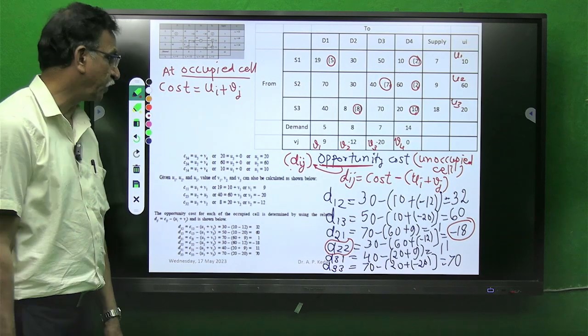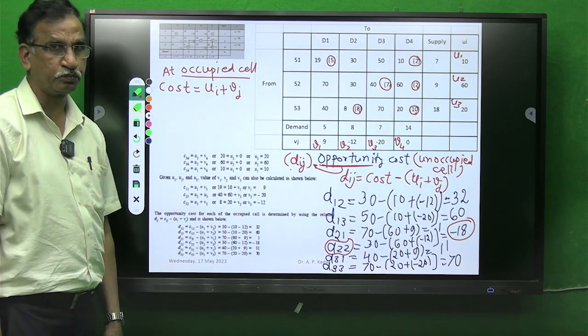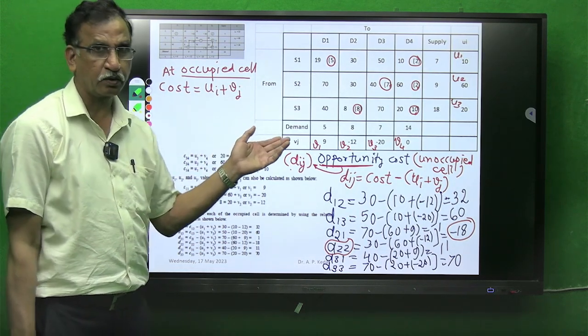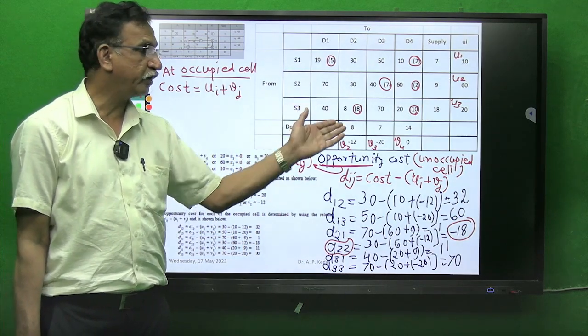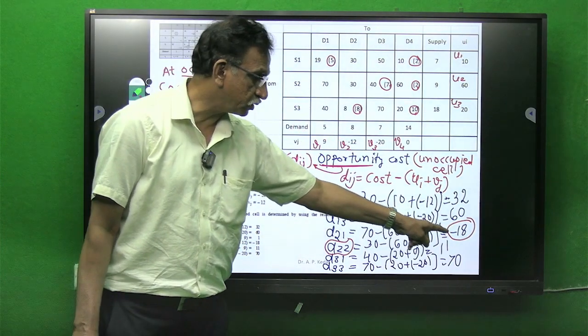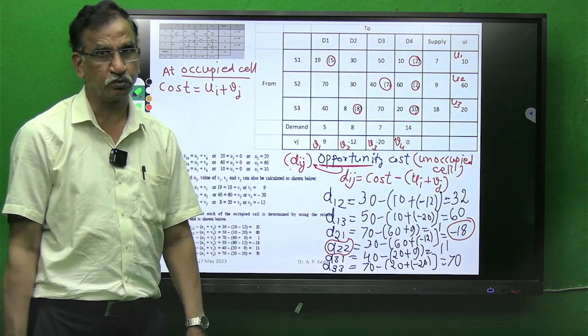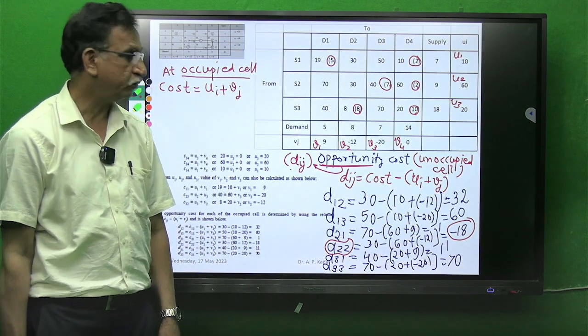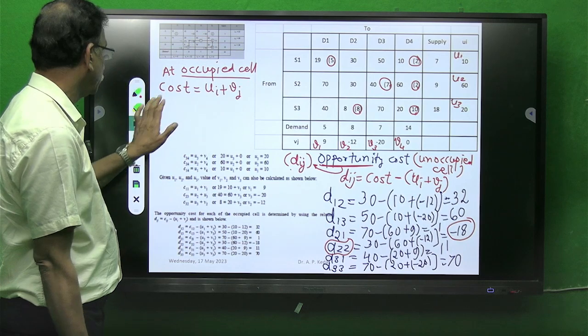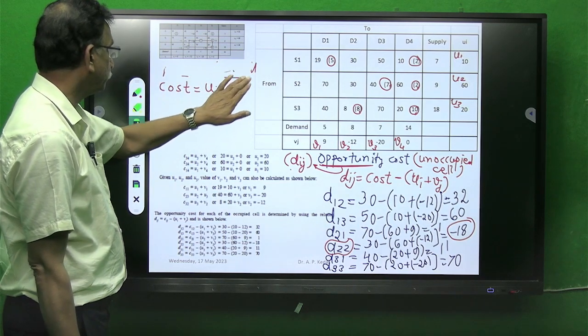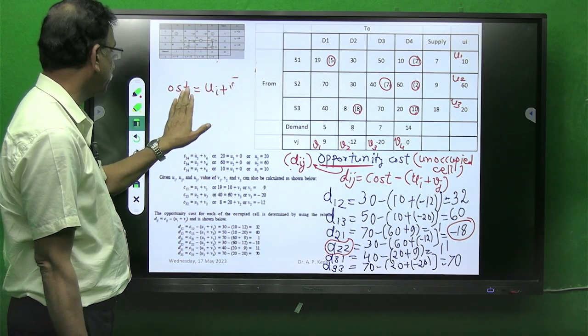So we have to find closed loop of previous allocations with this minus value opportunity cost. How to do that I will explain now. Now, how to draw closed loop? This is a very important step.